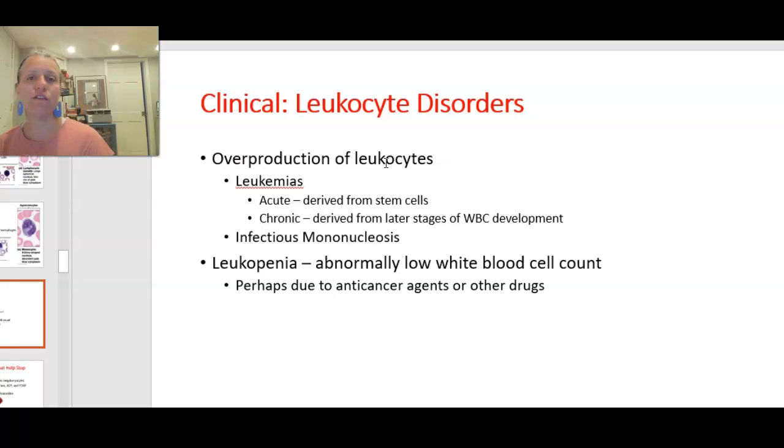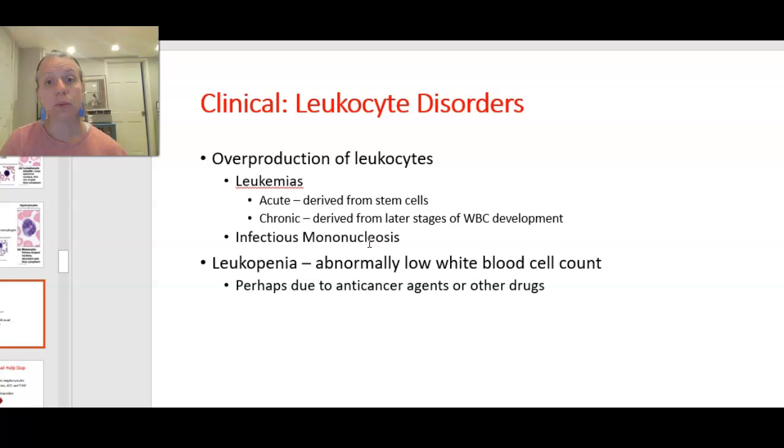They can come in different forms. You can have an acute leukemia or chronic leukemia. And what distinguishes those two is what type of cells are dividing without control in that hematopoiesis pathway.